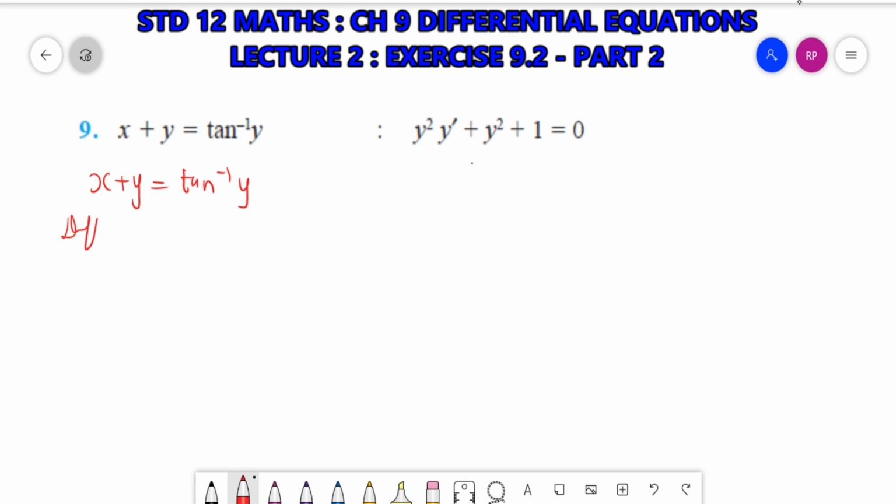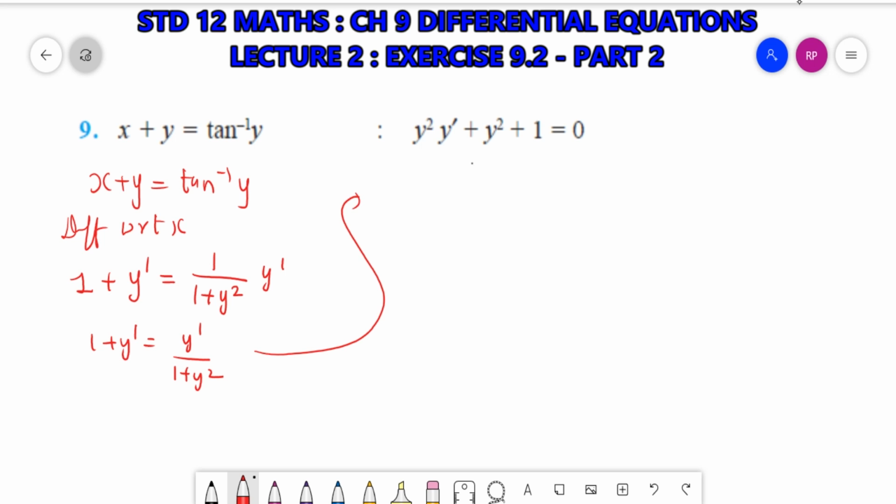So differentiating with respect to x, derivative of x is 1, derivative of y is y dash. Derivative of tan inverse y, 1 upon 1 plus y square into d by dx of y, that is y dash. Okay, so now it's 1 plus y dash equal to y dash upon 1 plus y square. So 1 plus y dash minus y dash upon 1 plus y square is equal to 0.